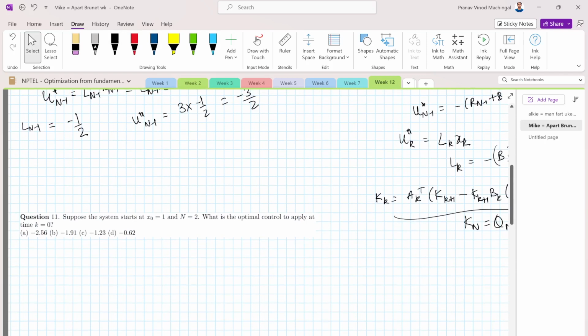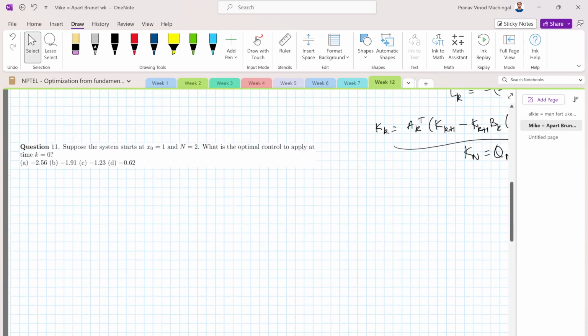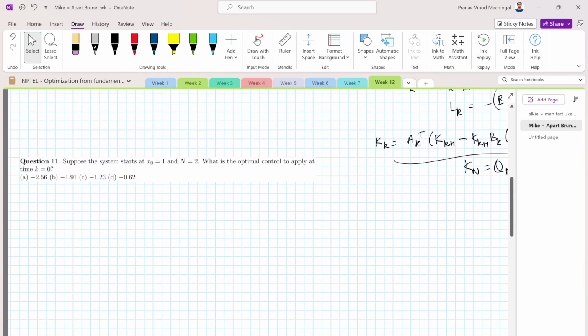Okay, so this question is, suppose the system starts at x naught equal to 1 and n is equal to 2, that is, there are only 2 time periods. What is the optimal control at time k equal to 0?